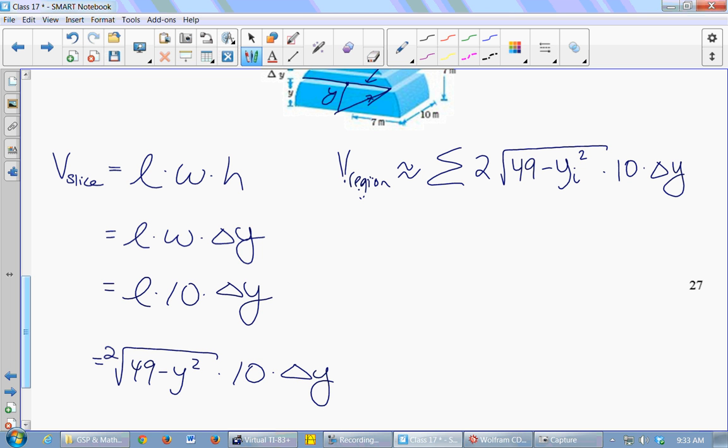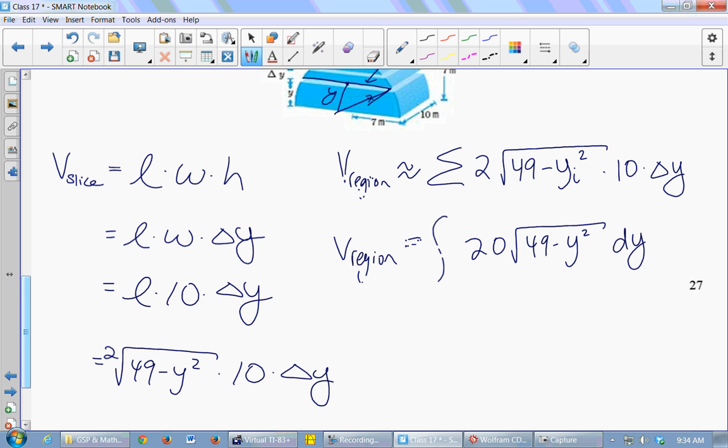To get the exact volume of my region, I let n go to infinity, which will give me an integral. So this is going to be an integral. 2 times 10 is 20. Delta y becomes dy.